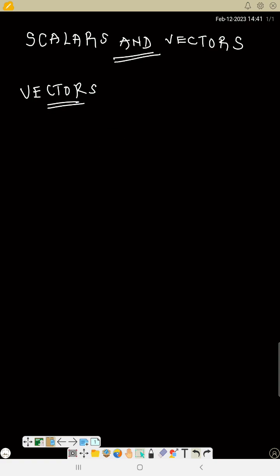But remember that scalar quantities are those which have only magnitude but no direction, while vectors have both magnitude and direction.